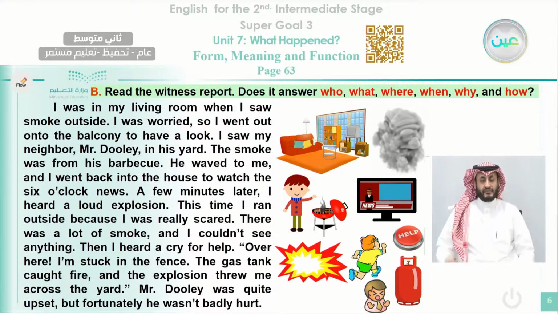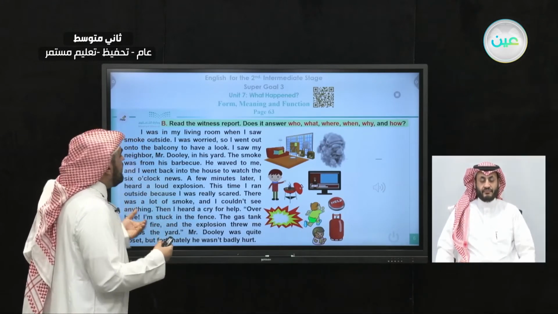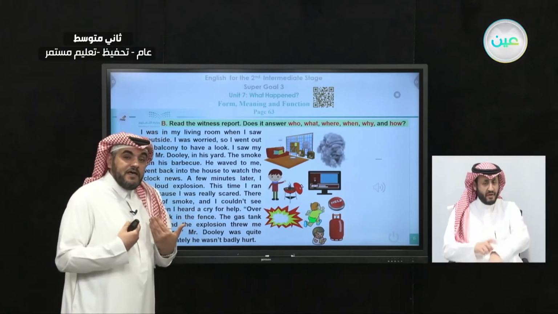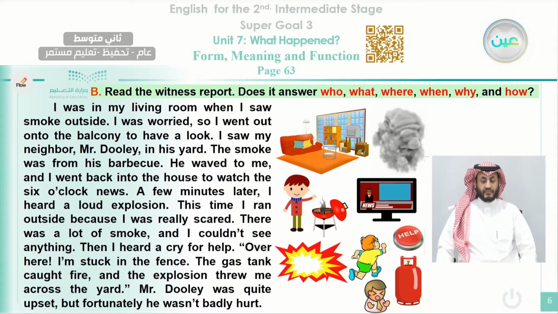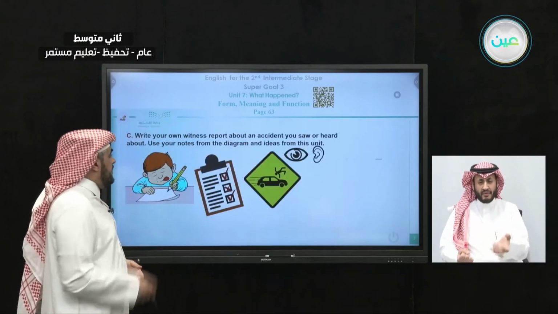If you notice this topic sentence, you can see that the writer has started with the setting. He told us where, and he told us that this thing happened to him and his neighbor. When I saw smoke outside, that is answering the question what. So the reader now will be able to understand the rest of this paragraph.